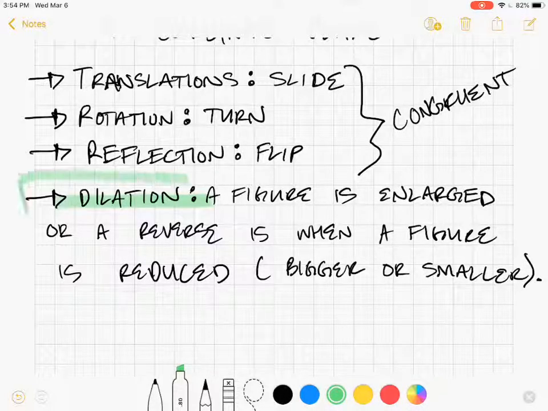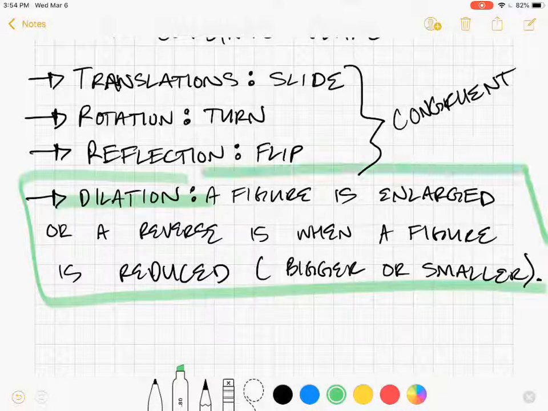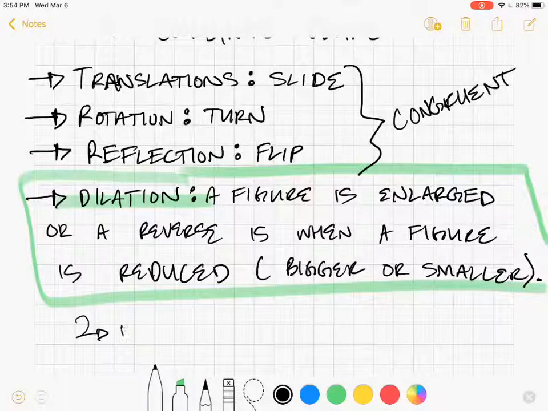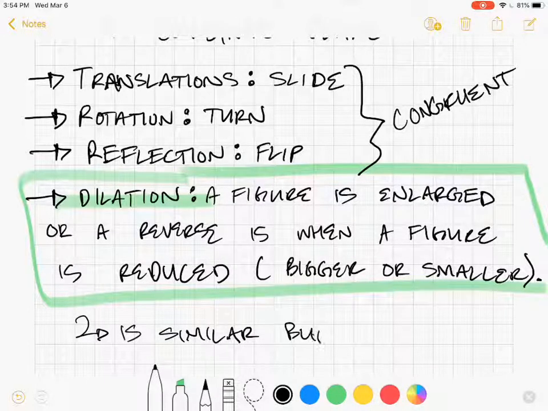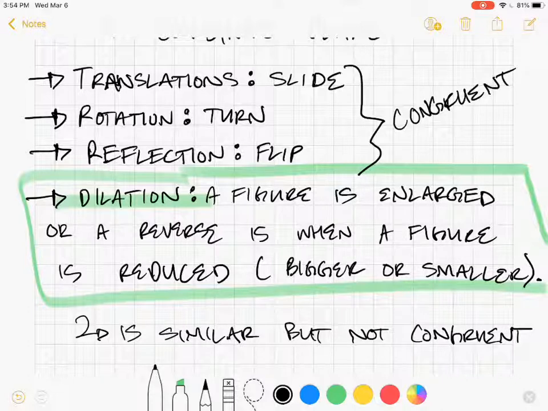Dilation makes a similar shape, but not congruent. So if you dilate a square, it's not going to be a congruent square.